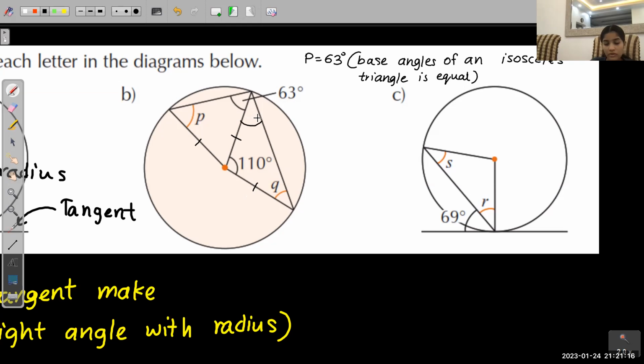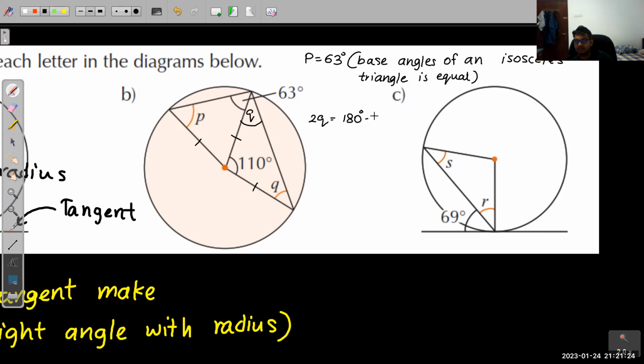Would one be 35? Exactly, this is also Q. Then you can write 2Q equals 180 minus 110. The reason you can write is angle sum of triangle is 180. So therefore Q equals 35.